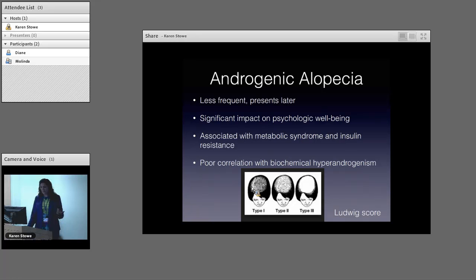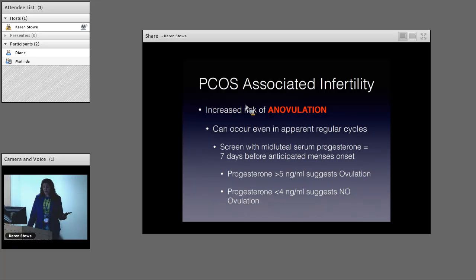So if you only need a score of greater than, let's say, 8, you could have a grade 2 in 1 or 4 of these areas, or a grade 1 in all of them, and be classified as having hirsutism. Certainly some women have much higher scores, but it doesn't take long to get up to 6 to 8.